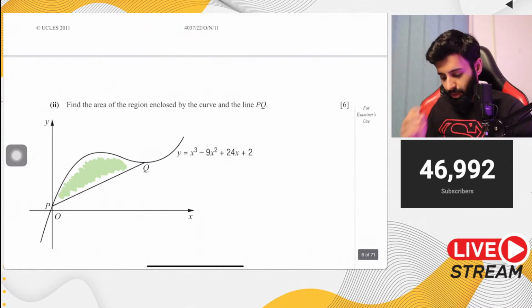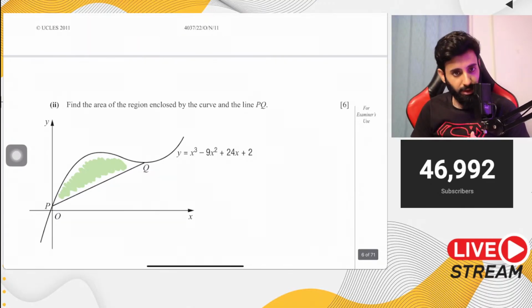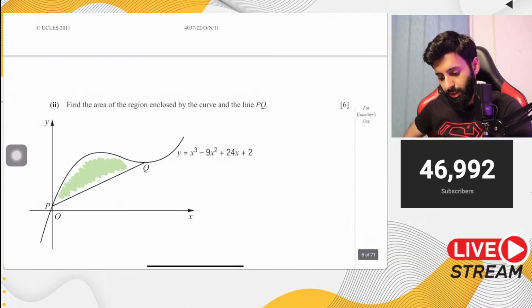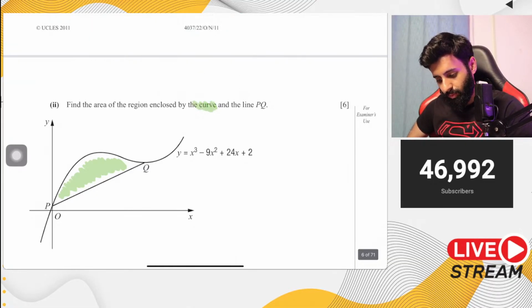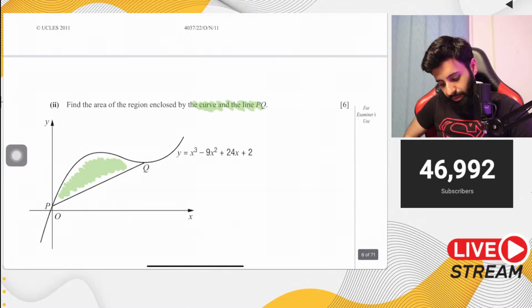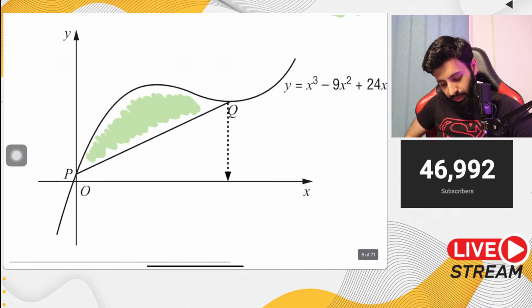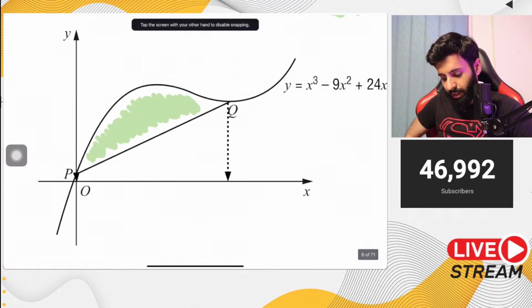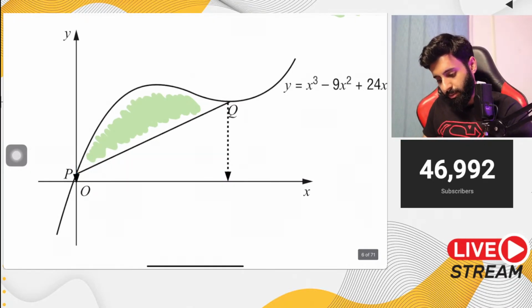Now, first of all, let's see what you need to do in order to find the area of the shaded region, which is the area enclosed by the curve and the line PQ, right here. So let's plan our answer. To find the area of the shaded region, we will first have to find the area under the curve within the limits.